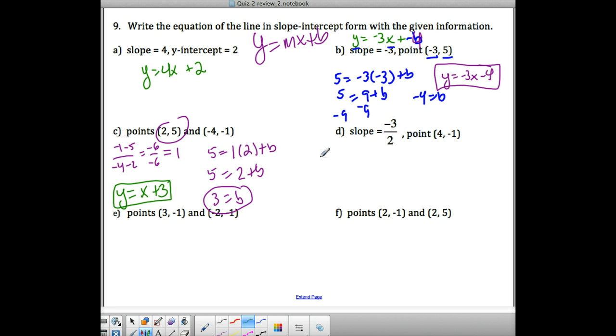Here's our slope. And we don't know our y-intercept, so again, we do the y-coordinate, negative 1, equals the slope times the x-coordinate plus b.